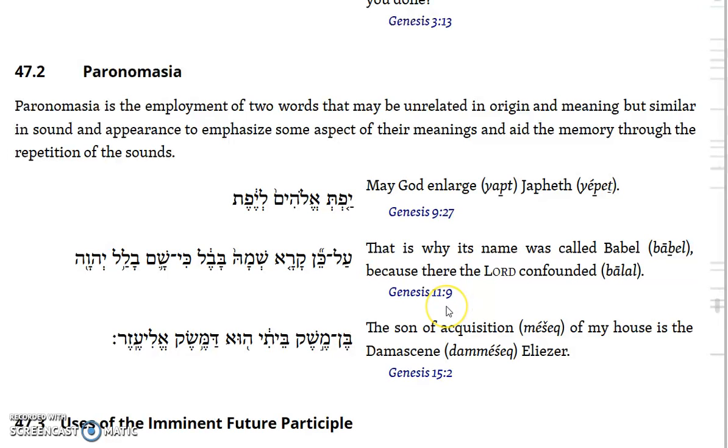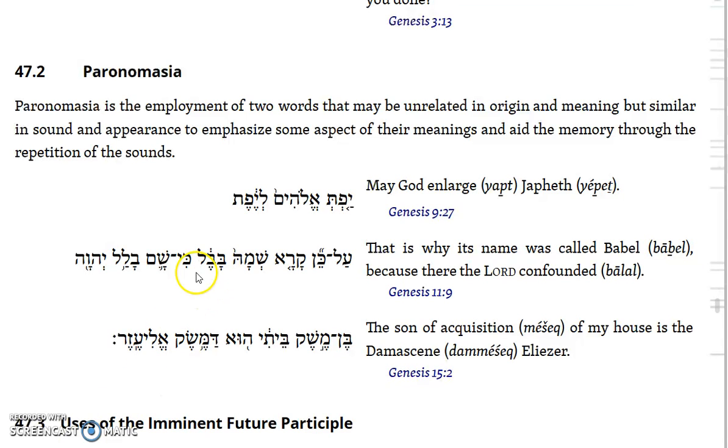Another example is Genesis 11 and verse 9, Al-ken kara shemah, therefore you will call its name Babel, ki sham balal Adonai, because there the Lord confused, and it goes on to say that the Lord confused the languages, mixed up the languages.